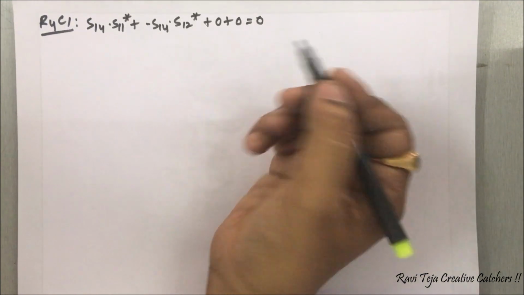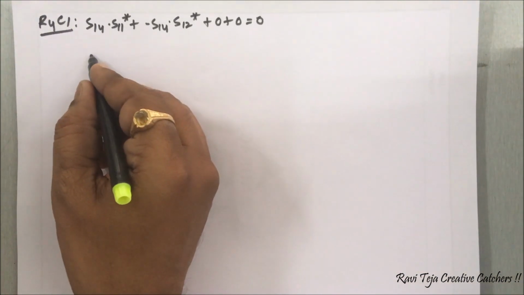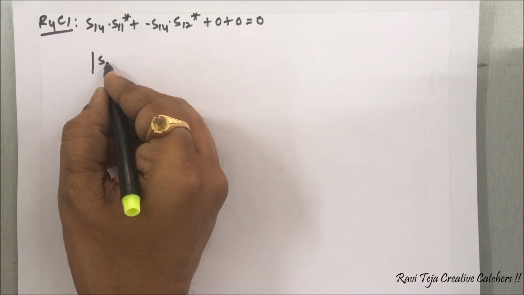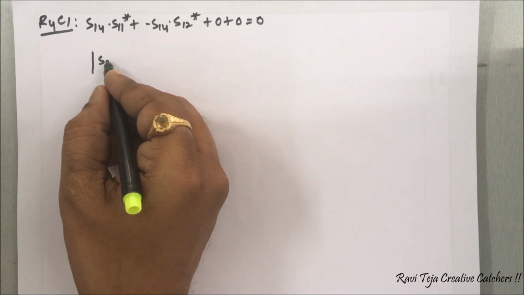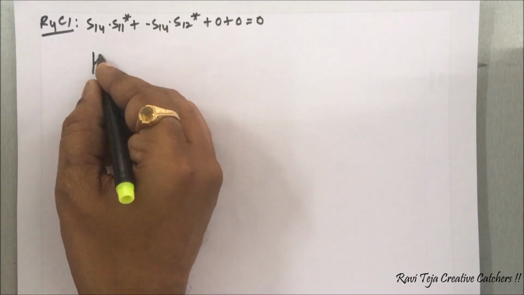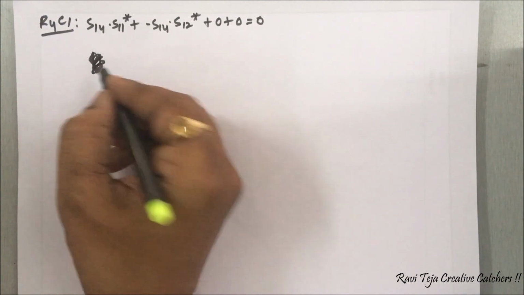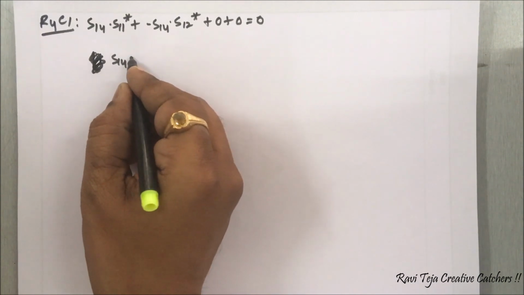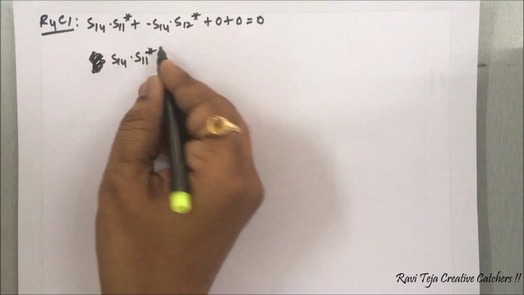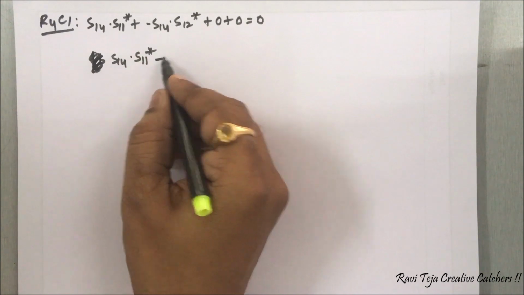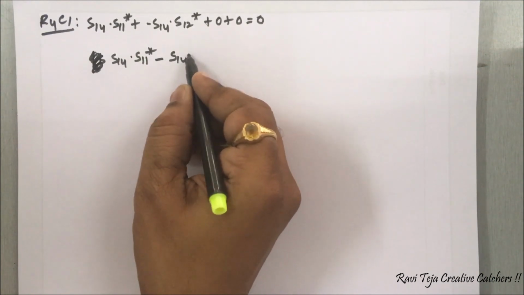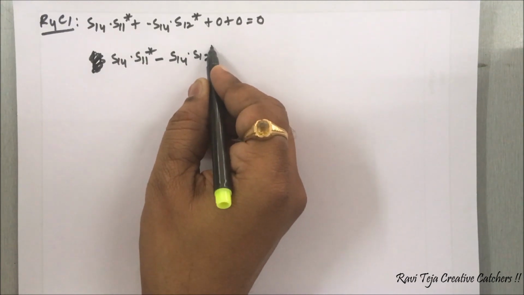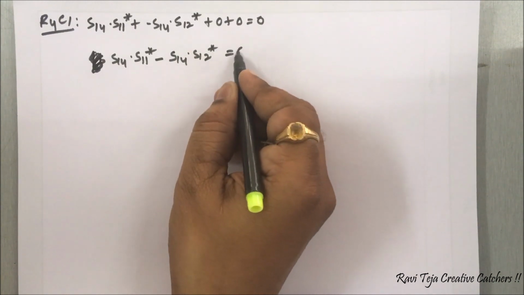This can be written as S14 into S11 star, plus and minus become minus, S14 into S12 star is equal to 0.